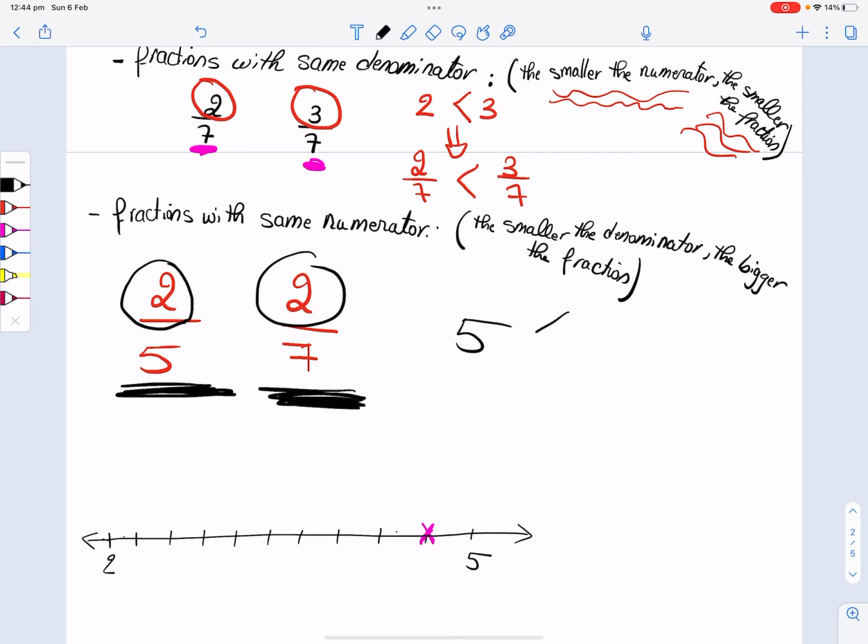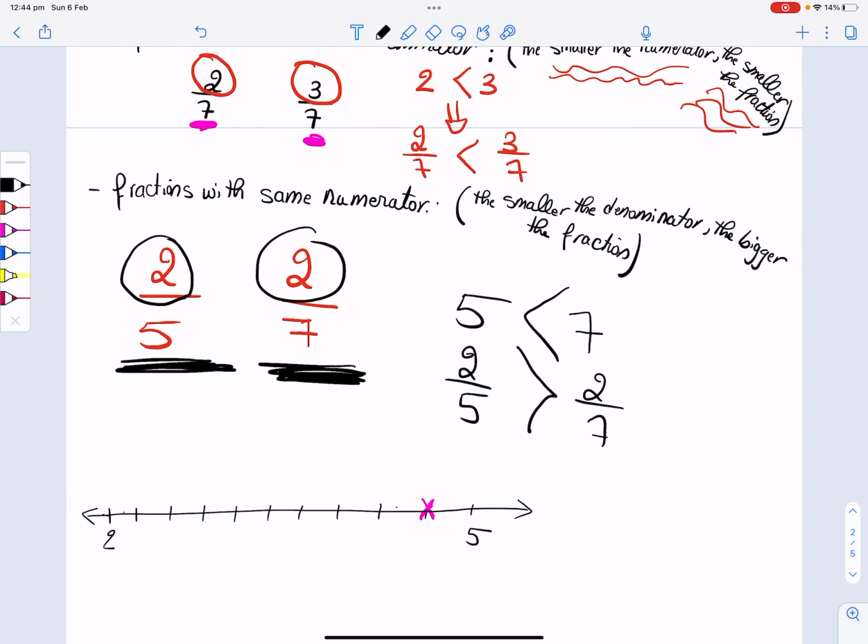We have 5 smaller than 7, so that means this fraction is greater than this one. Even though 5 is smaller than 7, it doesn't mean that 2 over 5 is smaller than 2 over 7. It is the other way around. 2 over 5 is greater than 2 over 7. So we need to remember that when we have fractions with the same numerator, the smaller the denominator, the bigger the fraction.